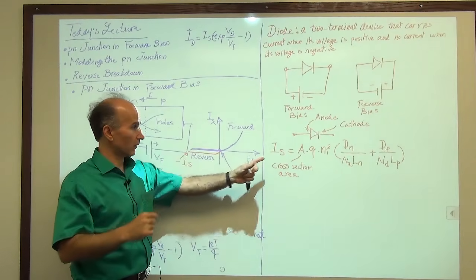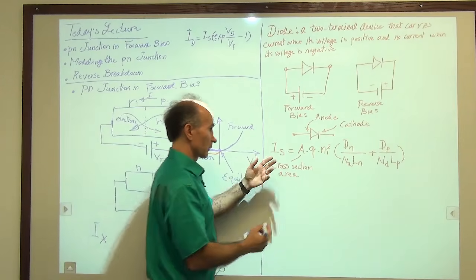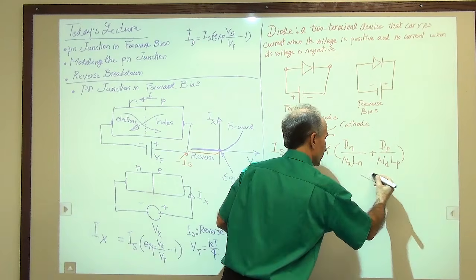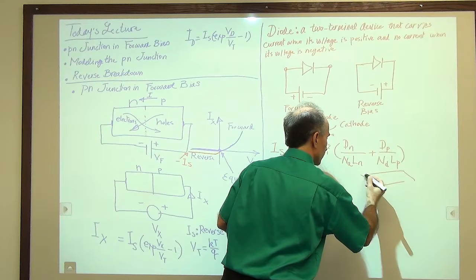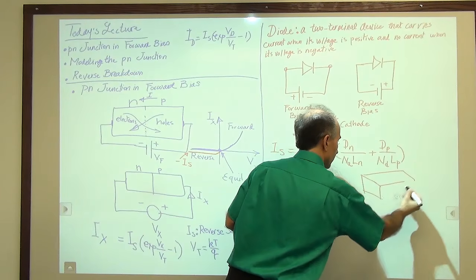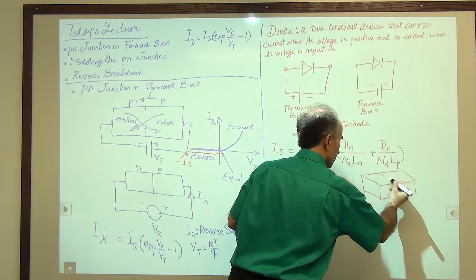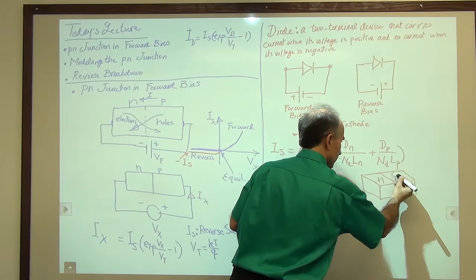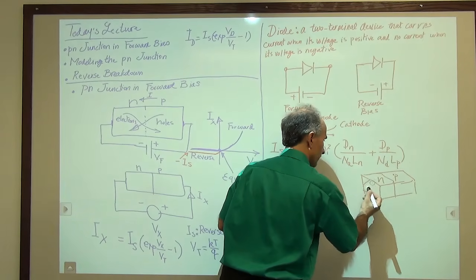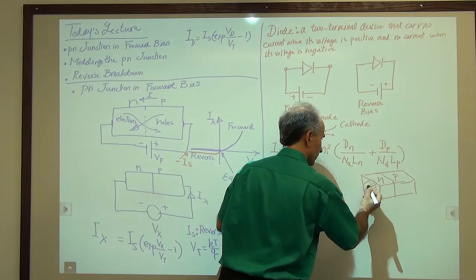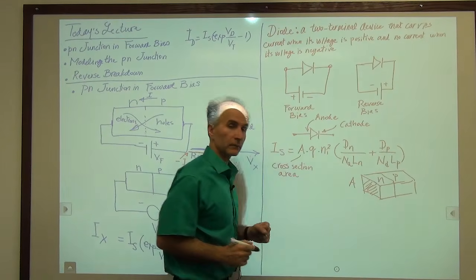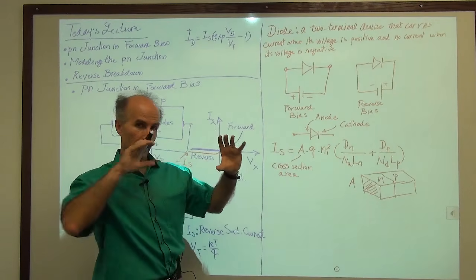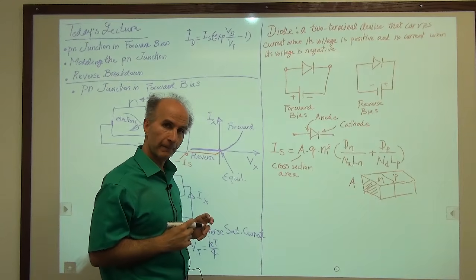That area is called A. So if you were to build a PN junction in 3 dimensions, it would look like this. So it would have N here, P here, and then this area is what we call A. So that's the cross-section area through which the current flows.